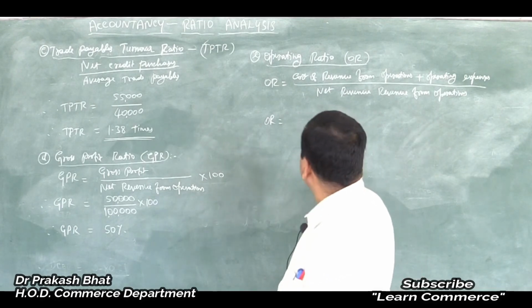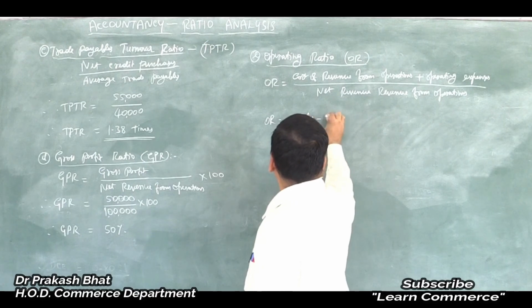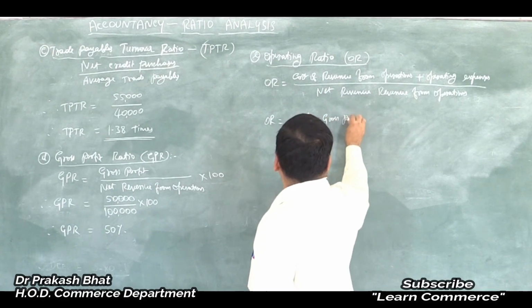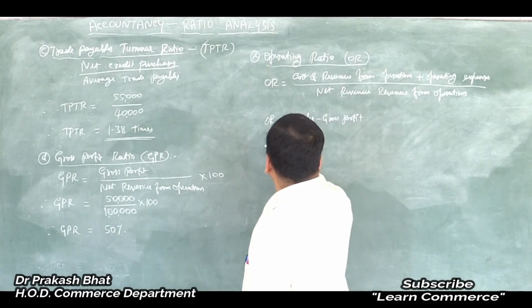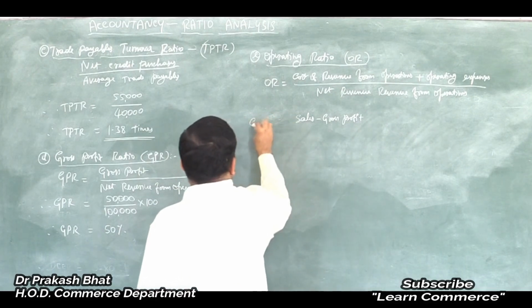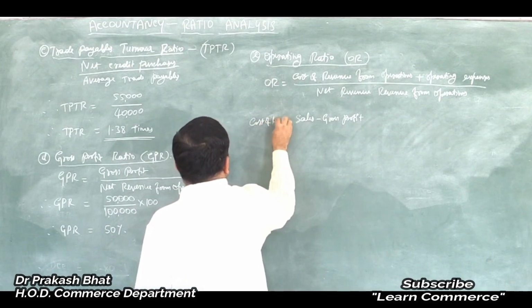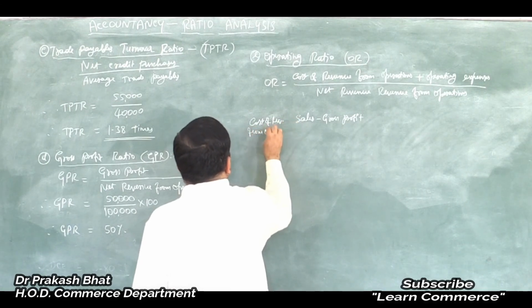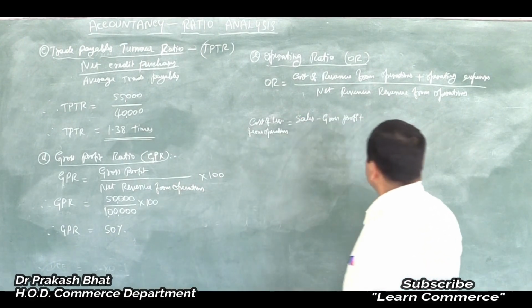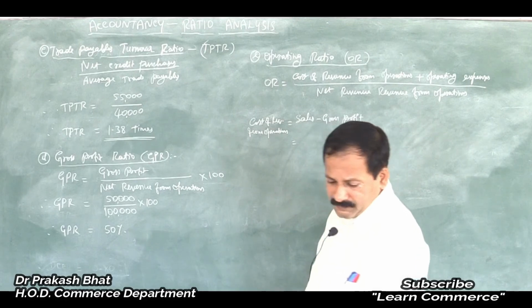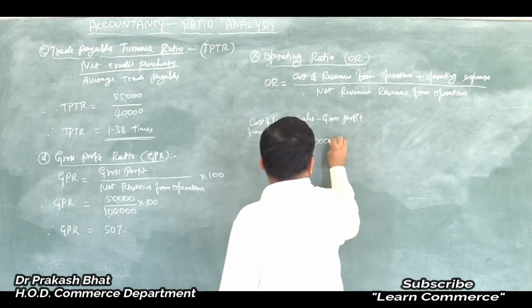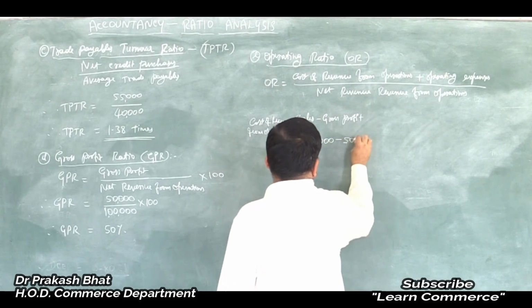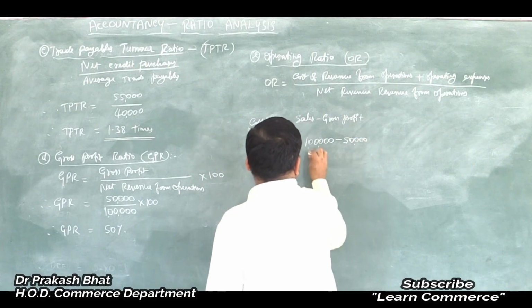Sales minus gross profit, that is 1 lakh minus 50,000. Sales, that is the revenue from operations, minus gross profit 50,000. So it is rupees 50,000.